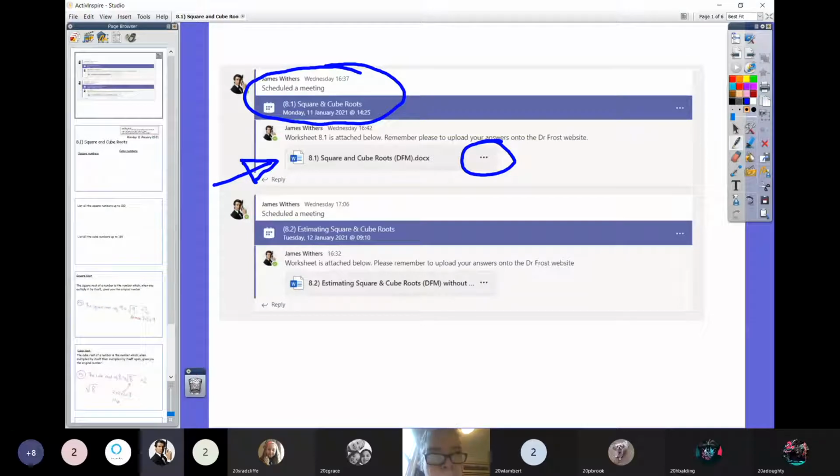So it's up to you whether you choose to download the worksheet before a lesson so you can complete it onto the sheet. Some of you might think, "Oh, I can't be bothered with that. I'm just going to do my working straight into my orange book." That's absolutely fine. But either way, I do want you uploading your answers onto Dr. Frost.